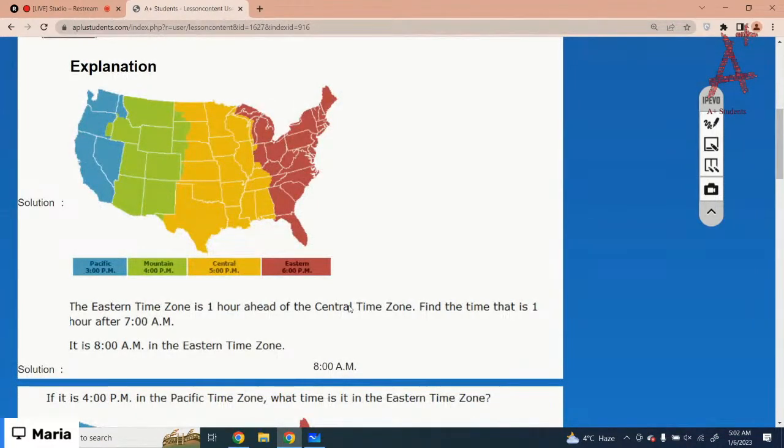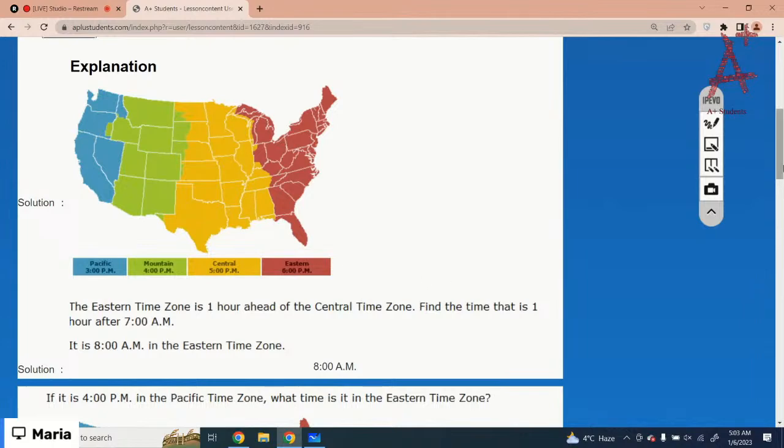The eastern time zone is 1 hour ahead of the central time zone. So in the central time zone, if it is 7 a.m., then in the eastern time zone it is 8 a.m.